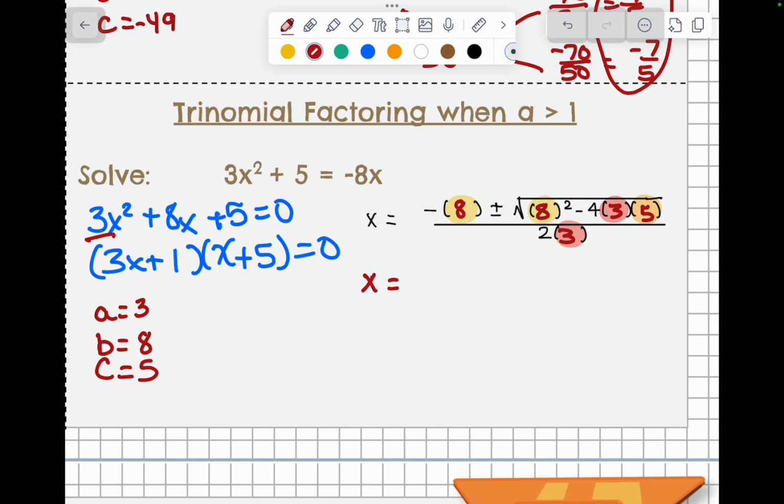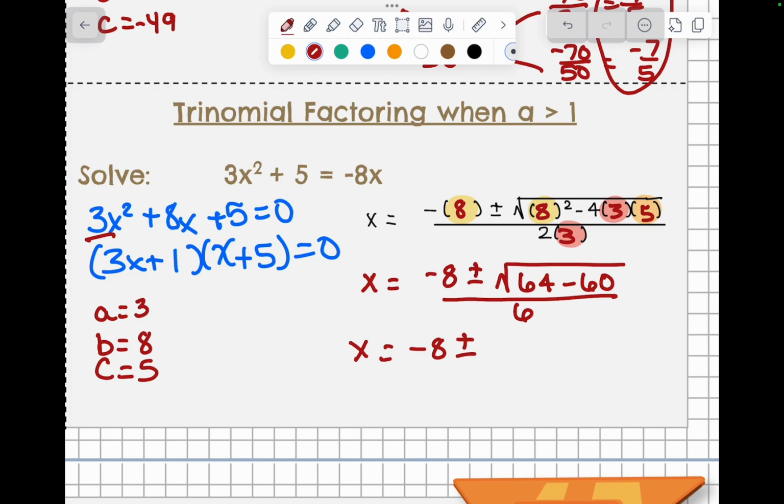So we get x is equal to negative 8 plus or minus the square root of 64 minus 60 all over 6, which is negative 8 plus or minus the square root of 4 over 6, which is negative 8 plus or minus 2 over 6. Negative 8 minus 2 is negative 10 over 6.